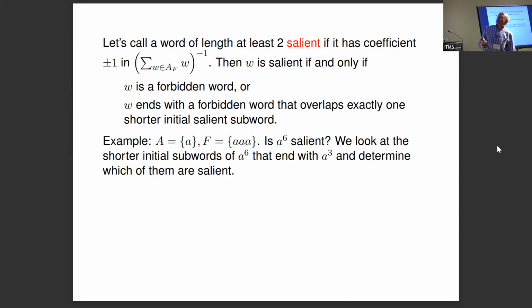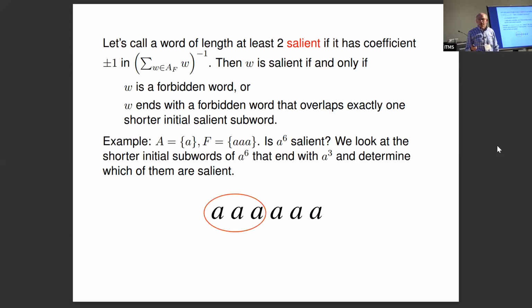So here's an example. Suppose that, my favorite example, the alphabet is just A and the forbidden word is just A cubed. And we want to know, is A to the 6th salient? So we look at the shorter initial subwords of A cubed that end with A cubed, left to right.